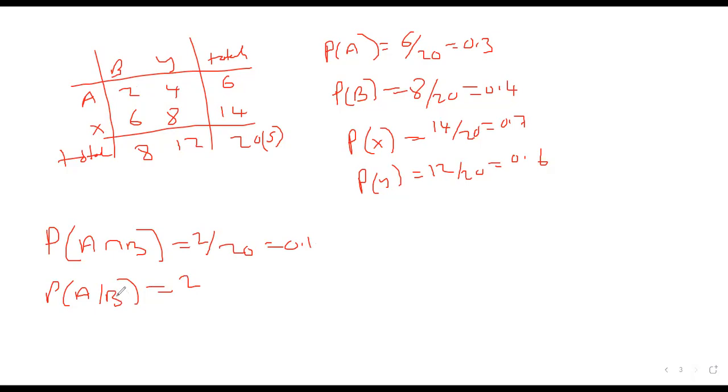But the total for the bottom, the total for B, is 8, which is 0.4. How about B given A? They still meet at 2. But the total for A is 6, which is 0.33.